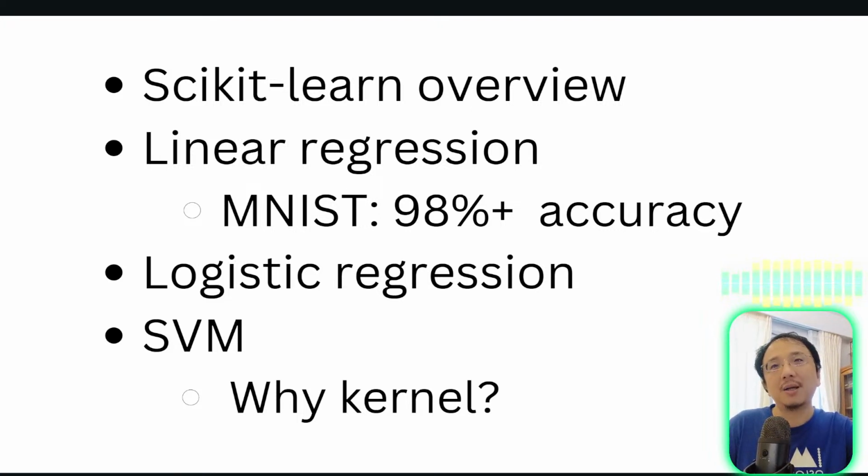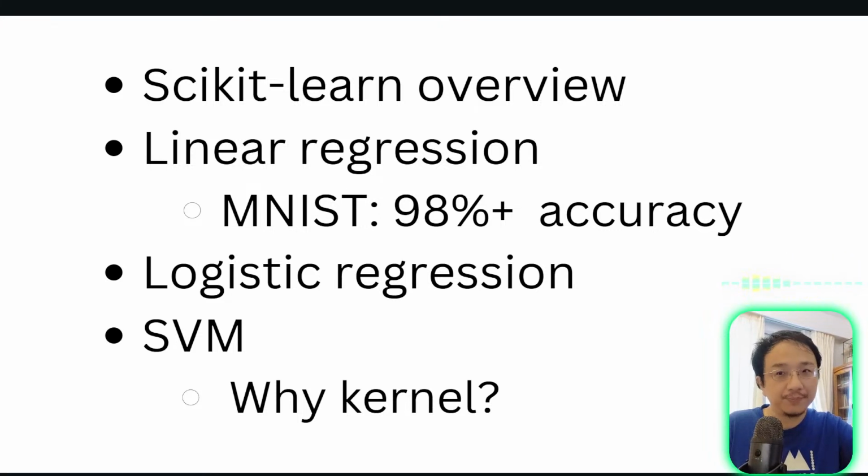For the classification problem, one of the simplest algorithms is logistic regression. Although the name suggests it is a regression algorithm, in fact, logistic regression is an algorithm for the classification problem.